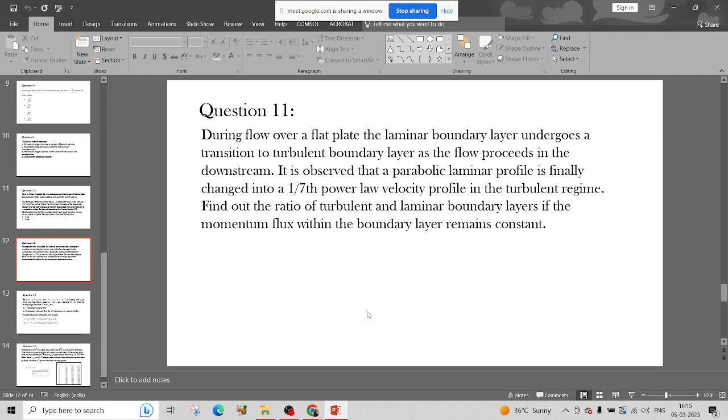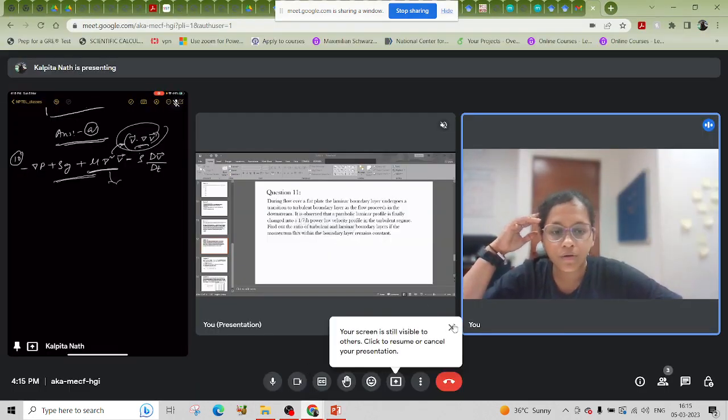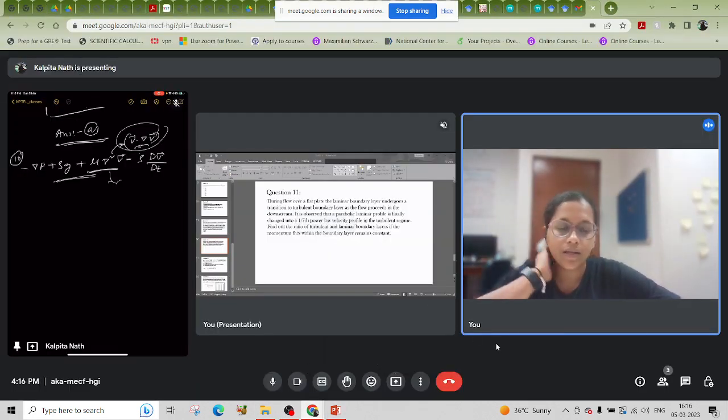It is observed that a parabolic laminar profile is finally changed to a 1/7 power law velocity profile in a turbulent regime. Find out the ratio of the turbulent to laminar boundary layers if the momentum flux within the boundary layer remains constant. Does anyone have any doubt on understanding the question? If not, then you can proceed with the solution, and I'll give you 5 minutes for this. Then we'll go on with the solution itself.